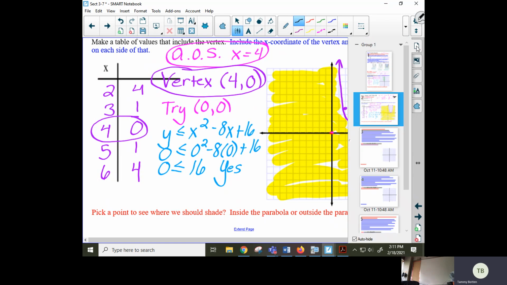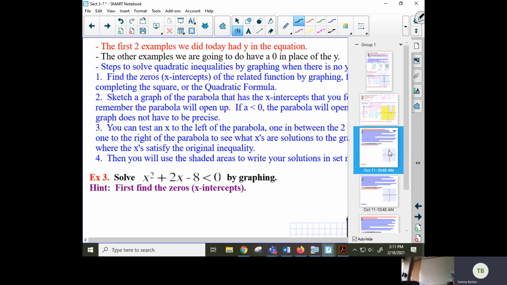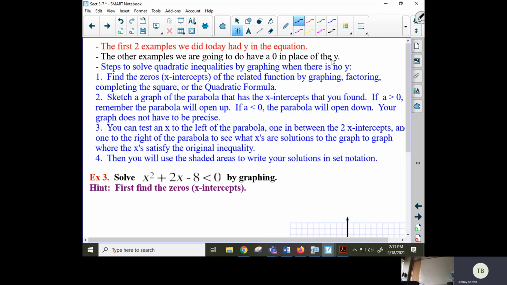All right, so let's go to this page. The first 2 examples we did are where you had y in the equation, and whenever that happens, your answers are either going to be everything on the graph outside of the parabola or inside the parabola, okay?